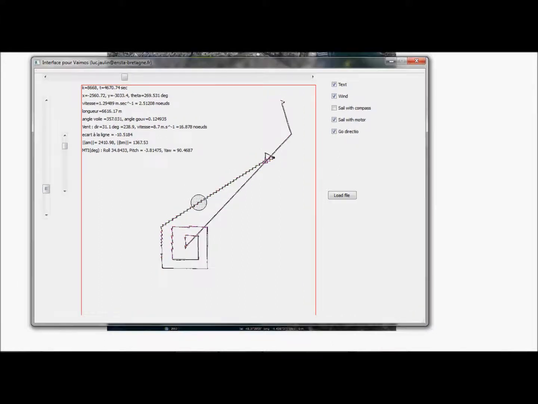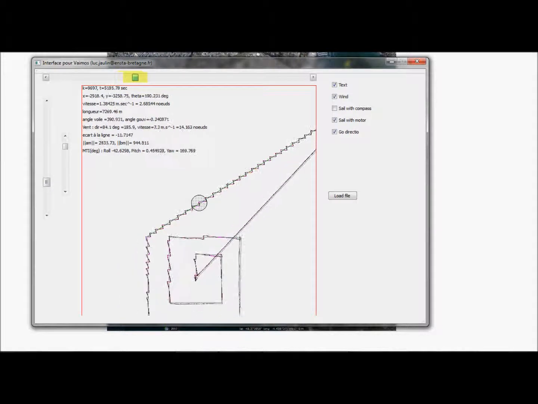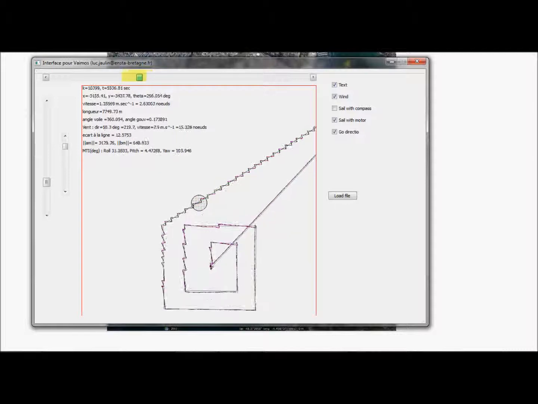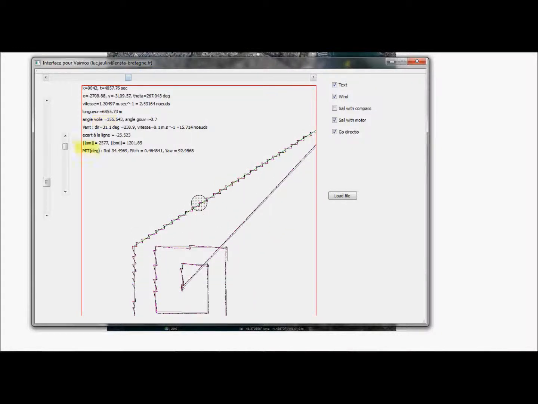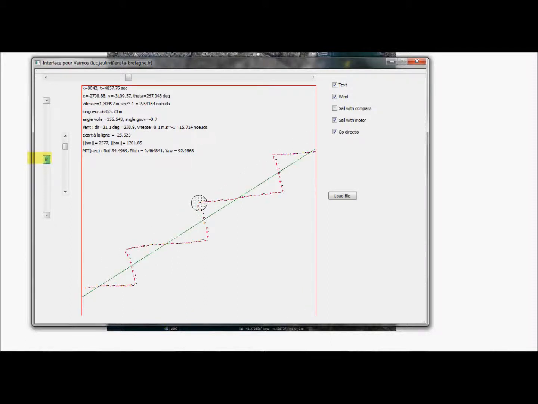So I will zoom in here. It is an experiment. I can move with the trackbar, with respect to time. So if I go, for instance, here, I will zoom. And there I can see that everything is not so perfect.